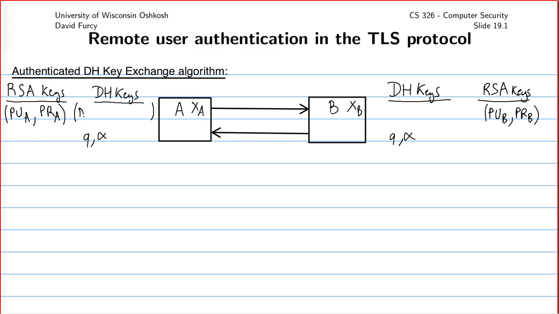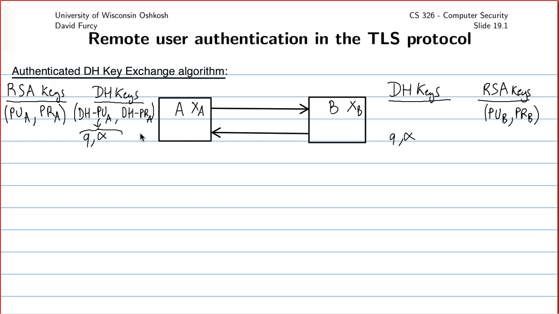So we see that the pair of keys for the Diffie-Hellman algorithm are the following. First, I'm going to call this one the Diffie-Hellman public key for Alice to distinguish it from the RSA public key, and then the Diffie-Hellman private key of Alice. And you notice that basically the public key is going to be the Q and the alpha values.